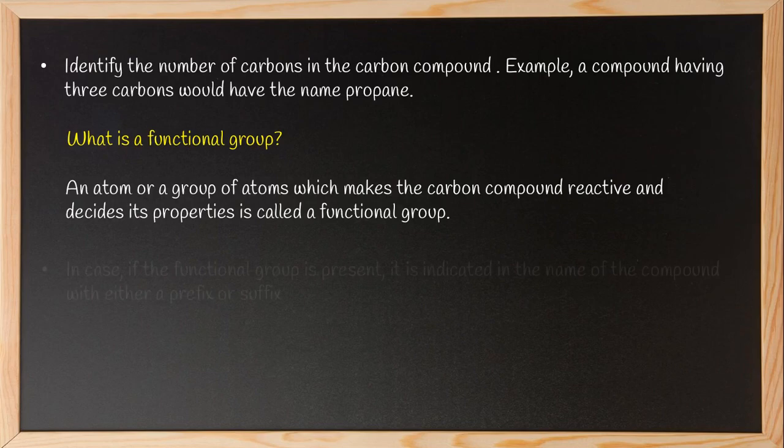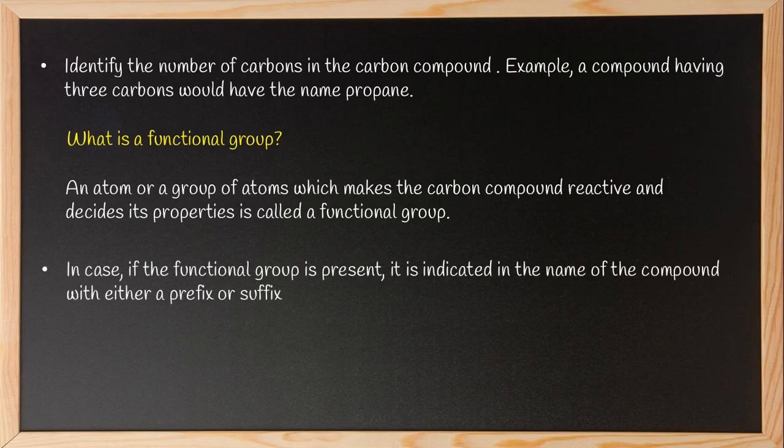This particular functional group will make the compound reactive and also renders some particular properties to the chemical compound. Now, if a carbon compound contains a functional group, then the functional group will be indicated in the name, in the suffix or prefix. For example, there is a functional group in a particular carbon compound.